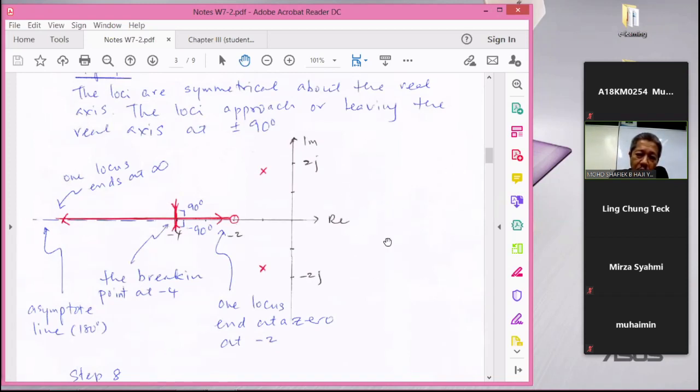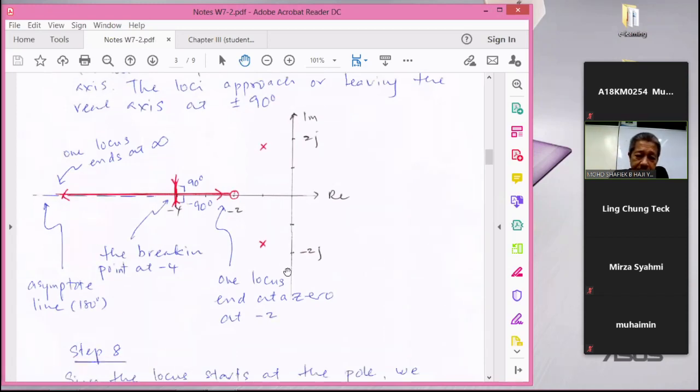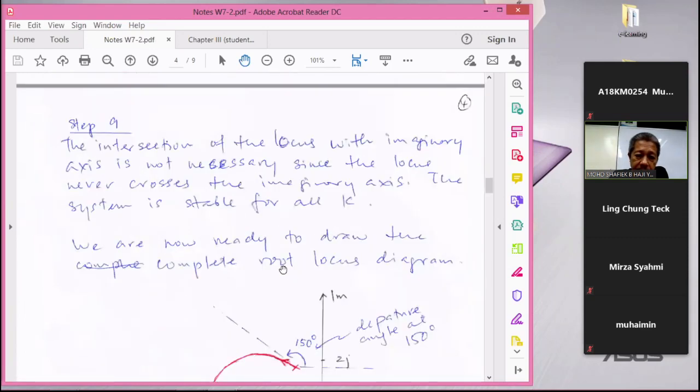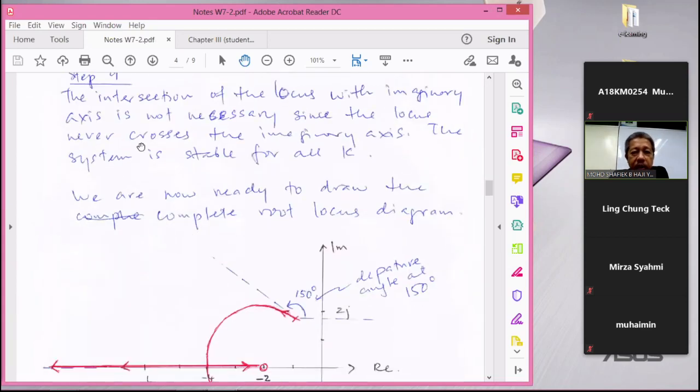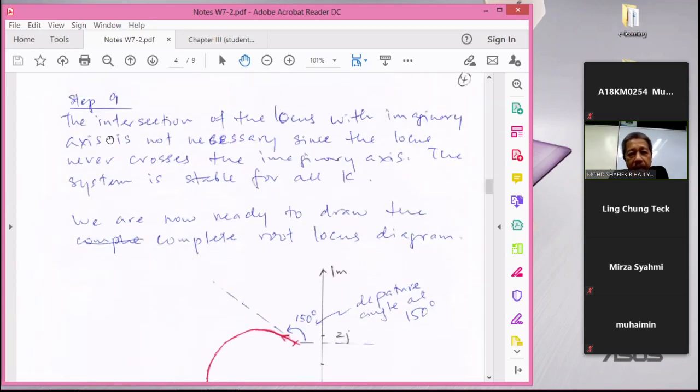There will be no locus to the right of the imaginary axis, so there's no need for us to go through step 9. Since we already computed that 150, we can now draw. Step 9, the intersection of the locus with the imaginary axis, is not necessary since the locus never crosses the imaginary axis. The system is stable for all k.